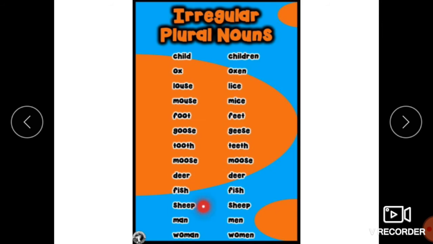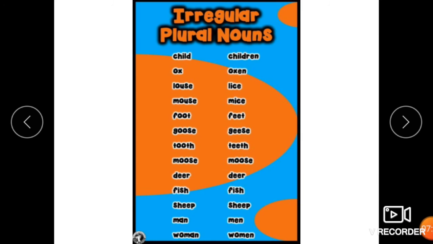Man means one man, and men means more than one. Woman means one woman, and women means more than one.